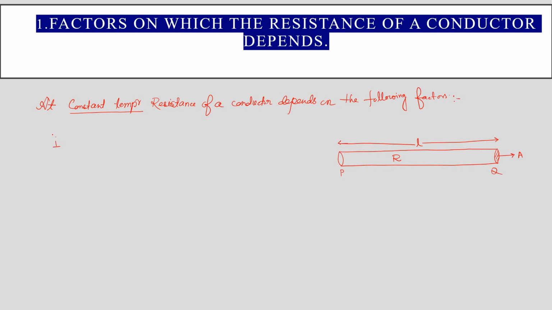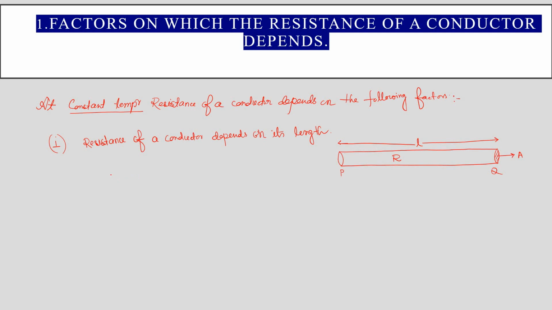So first one, we can write: resistance of a conductor depends on its length. But how?